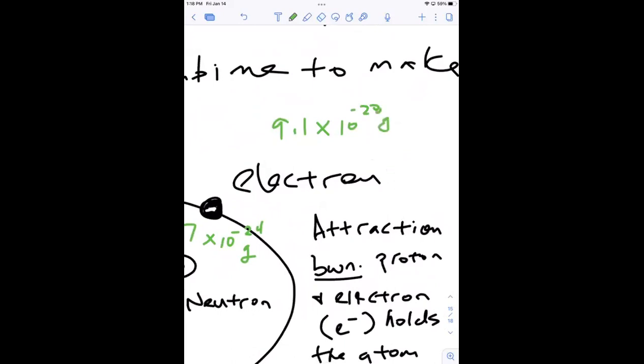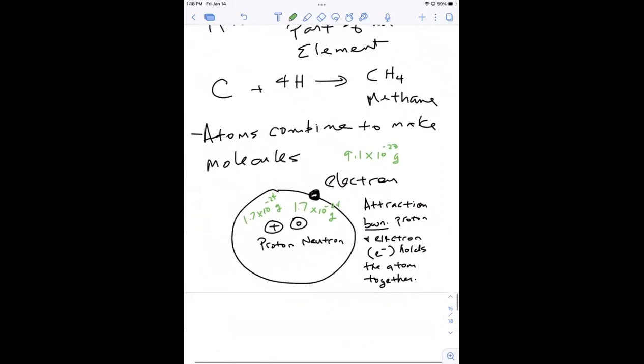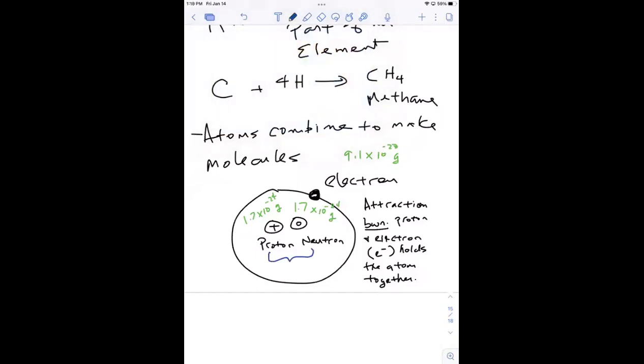Now, this might bring into perspective when we were talking about macro or micro. This is beyond micro, right? This is on a level that's basically undetectable without some really highly specialized and very sensitive equipment, right? So the atomic makeup, you have a proton, you have a neutron, and this is what we call the nucleus of the atom.